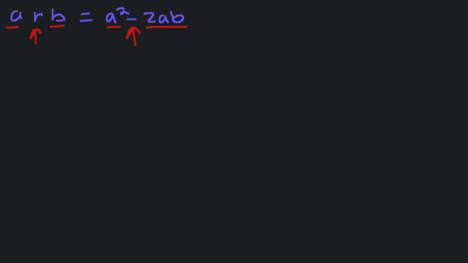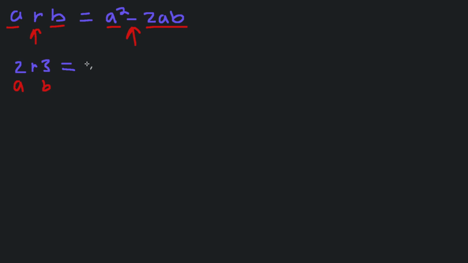So knowing that, let's practice with a random one. So if I had like 2 ⊗ 3. What I'm going to do is square this first term. So this is my a and this is my b. I'm going to square the first term.